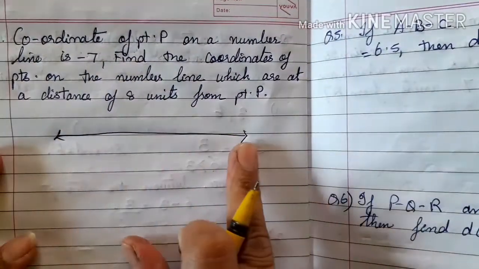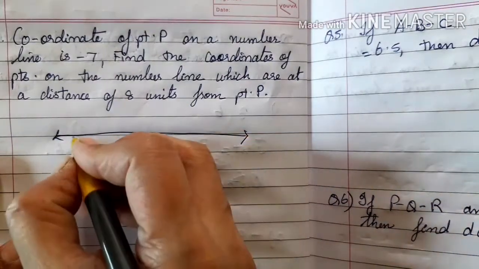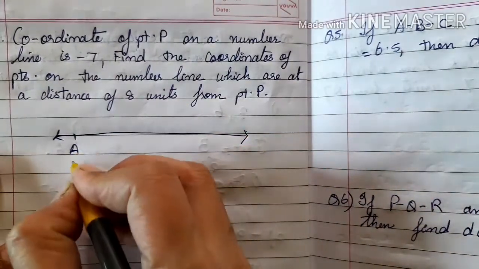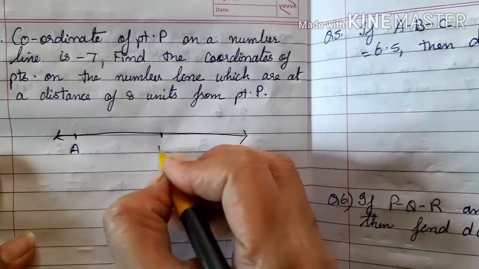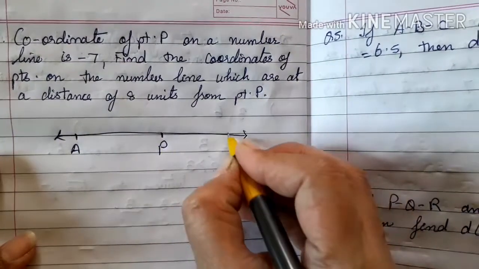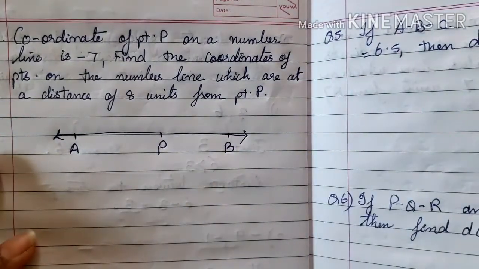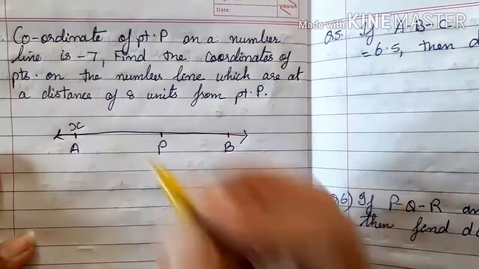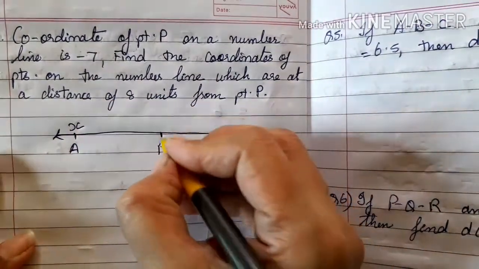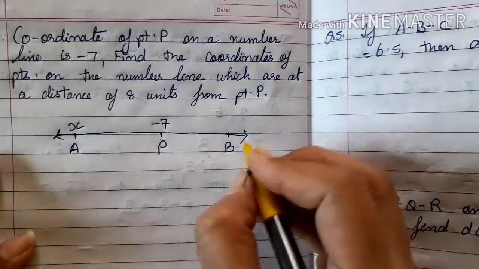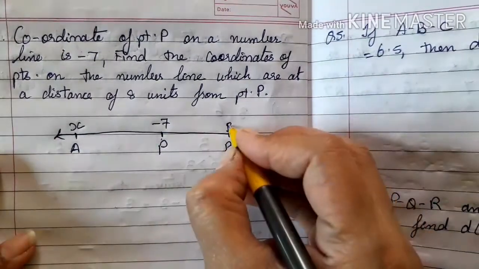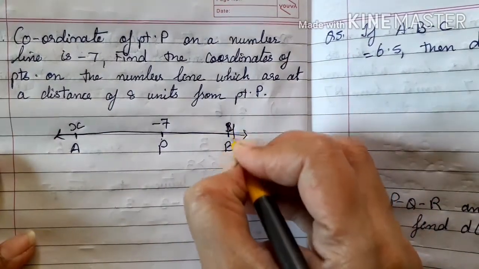You have to draw it with a scale. I am drawing it by hand. So here your A, P and B according to the question. You have to take A as X, P as minus 7 and B as Y.